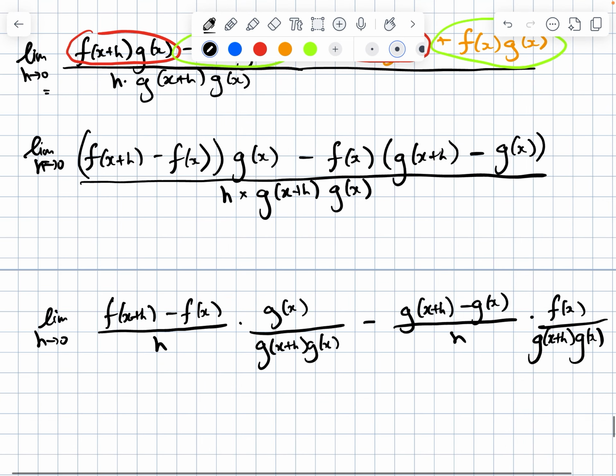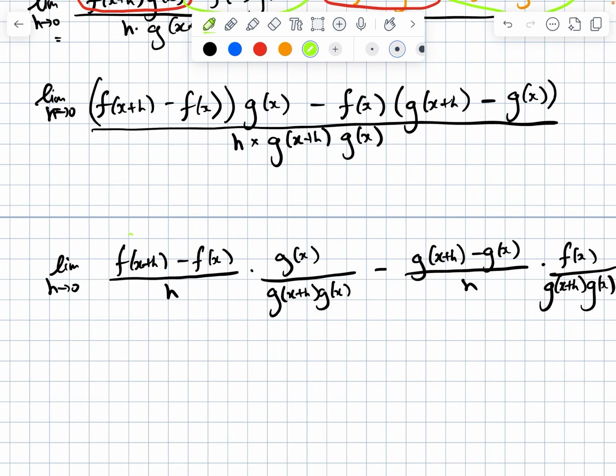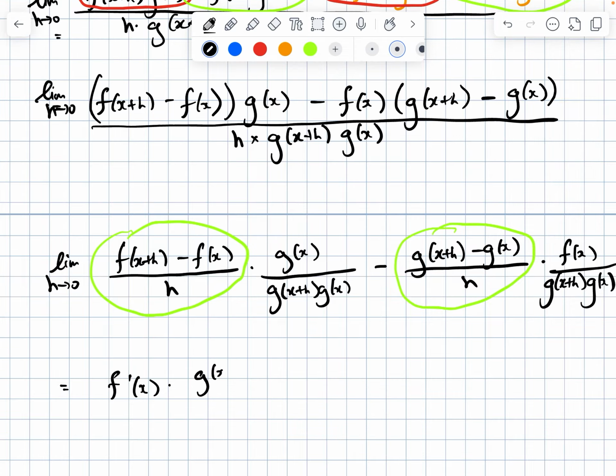Now when I make the limit go to 0, this here is just the definition of f'(x), and this here is the definition of g'(x). So we get f'(x) times g(x) over, now h is 0, we've just got g(x) times g(x), minus, now this second one becomes g'(x) times f(x) all over, and again g(x plus h) becomes just g(x) times g(x).